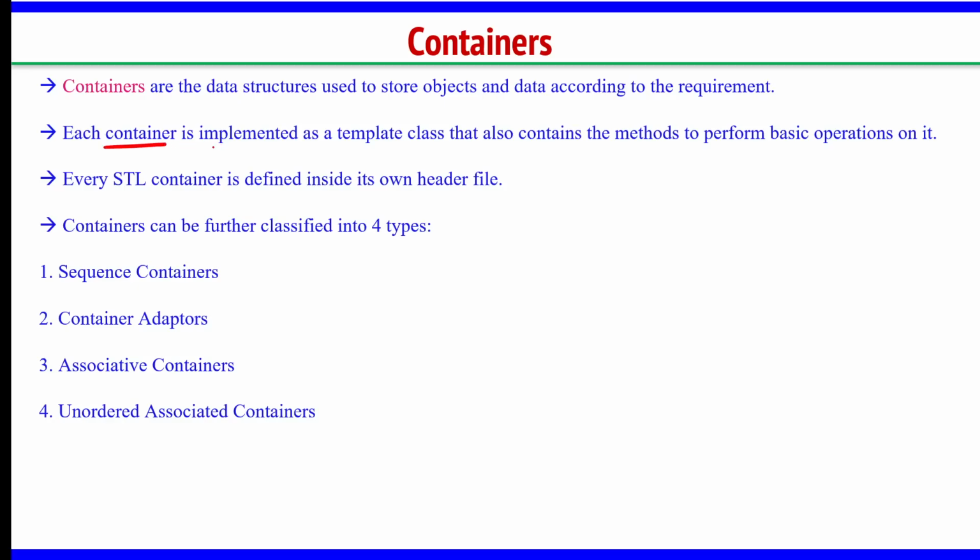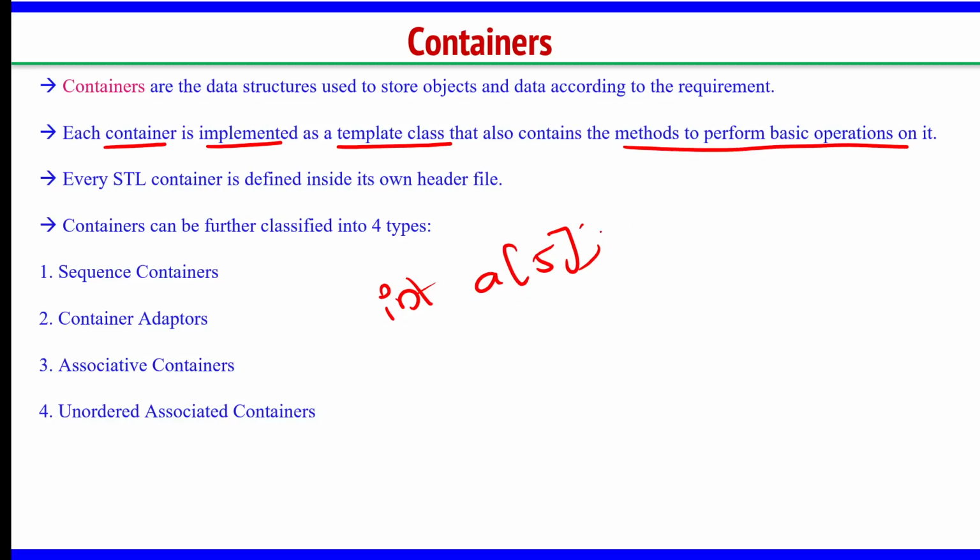Each container is implemented as a template class that also contains the methods to perform basic operations on it. See, if I declare an int array like this, int a of 5, and I have assigned some values, now if I want to sort this array, I have to write the logic and implement it.